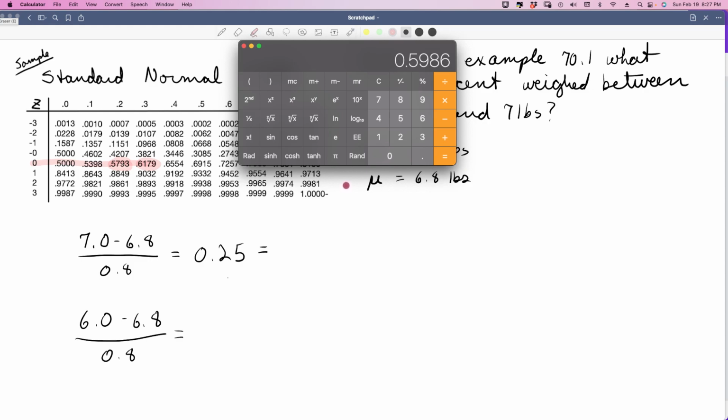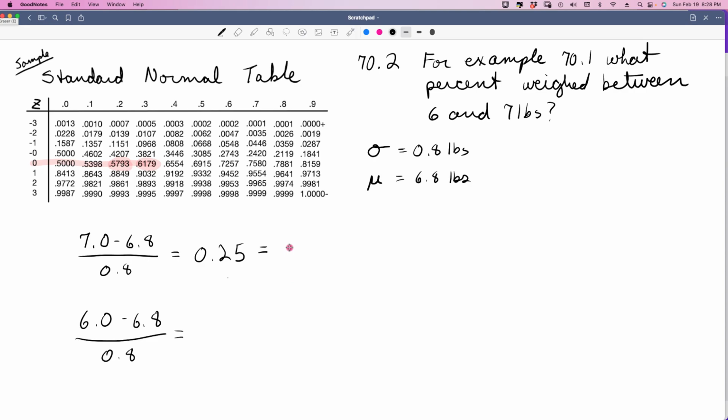The book has a different percent. Oh no, it does have that. Sorry, I'm looking in the wrong place. So this is exactly what the book has, 0.5986. So that is what we're going to write down for 0.25. So 0.5986 is going to be this value here. Let me get my pen back.